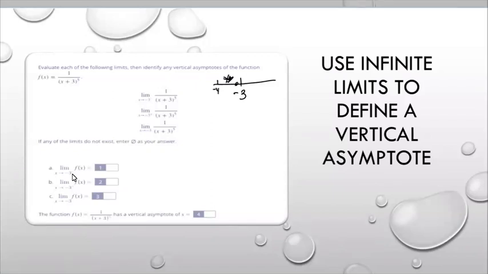So right here, we have x equals negative 3.01, or negative 3.1, whichever you want to use. We just need to use a value that is to the left of minus 3, very close to it. So let's work with negative 3.01.